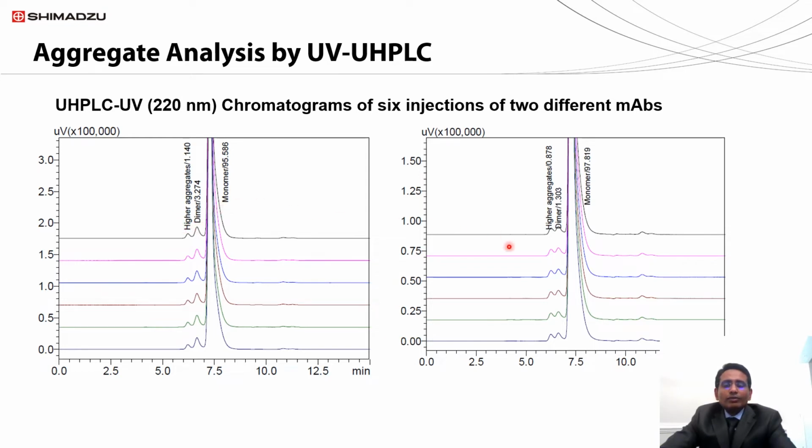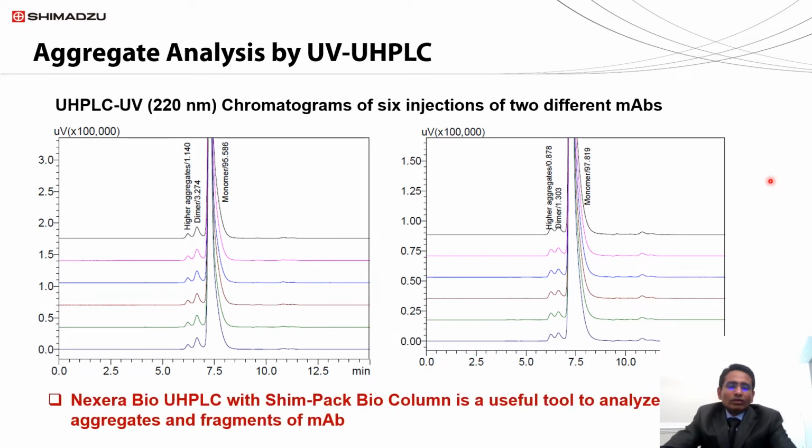For other mAbs, same thing: higher aggregates, dimer and monomer, and they are highly reproducible. That means the peaks didn't shift from each other, which reflects that Nexera Bio-UHPLC with Shimpack Bio column is a useful tool to analyze the protein aggregates and fragments of this mAb.